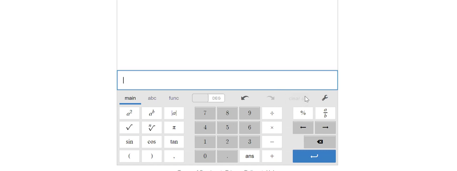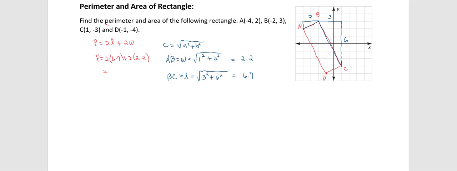So that gives us 2 times 6.7 plus 2 times 2.2, which is approximately 17.8. So that is the perimeter.